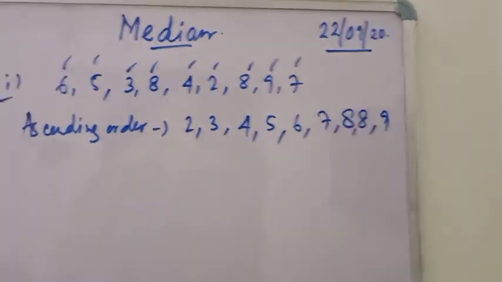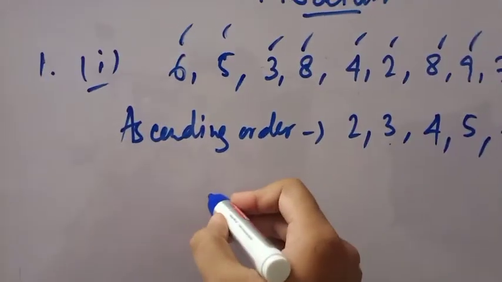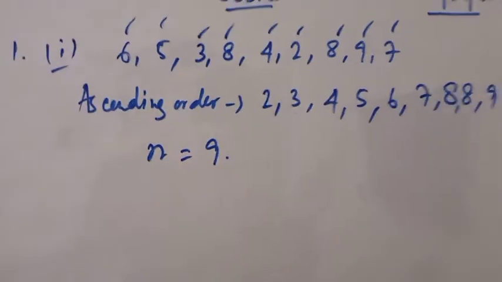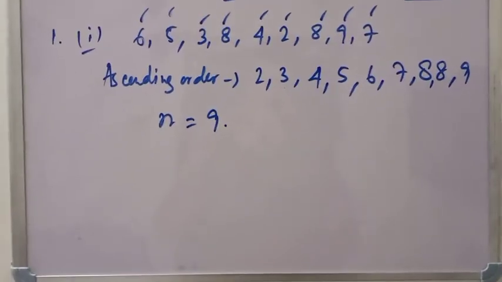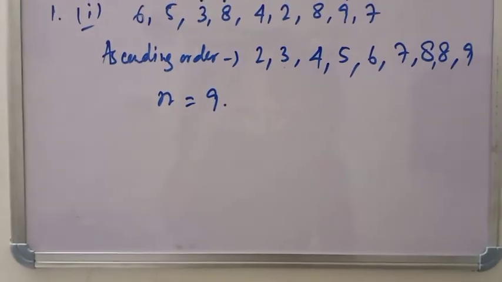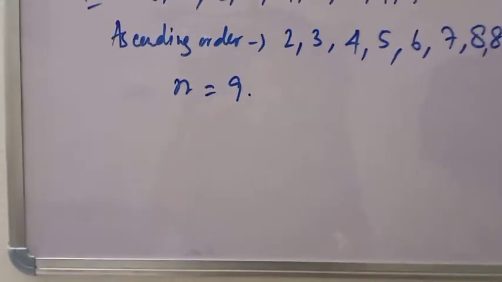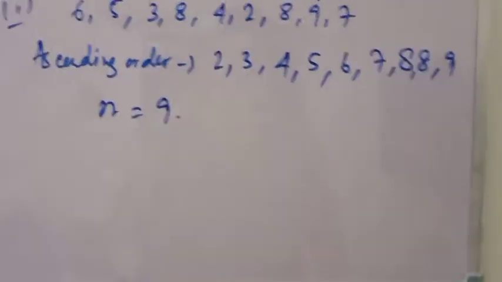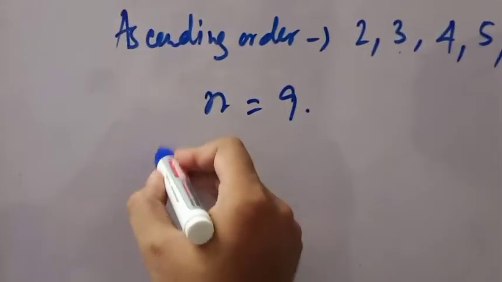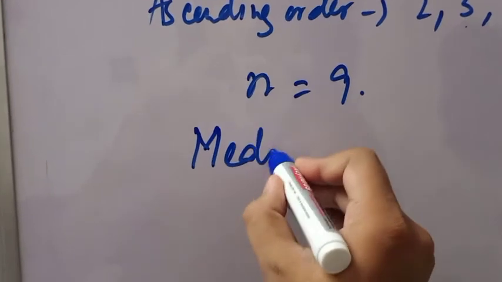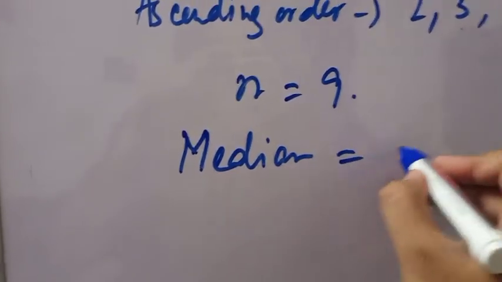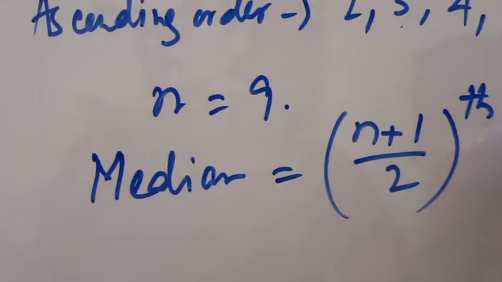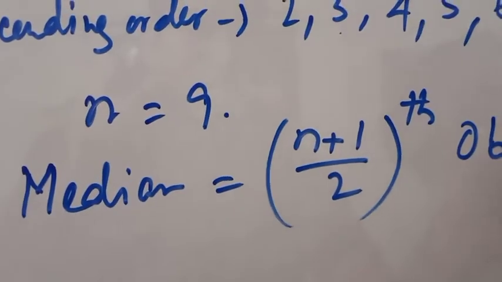So n equals 9 here. That means the number of observations is 9. Is that even or odd? Odd. So if odd, then the formula is the (n plus 1) by 2 th observation. So median equals the (n plus 1) by 2 th observation.